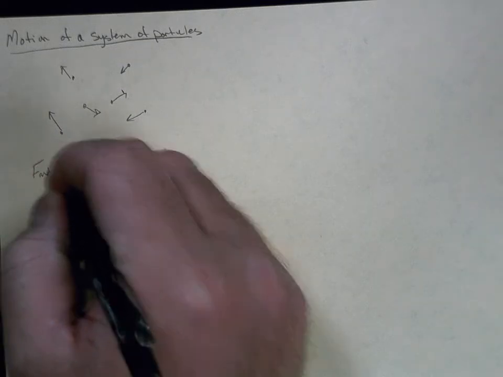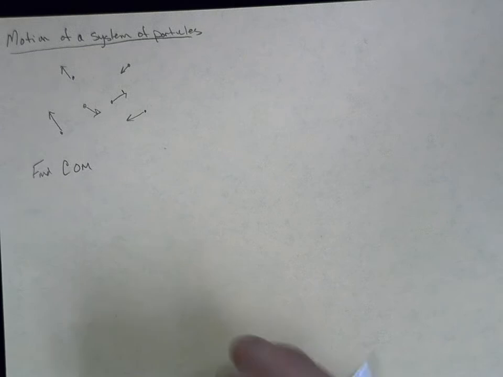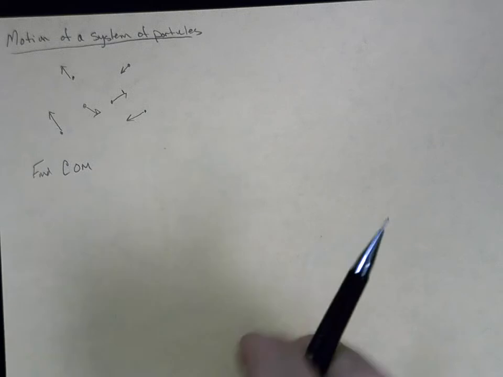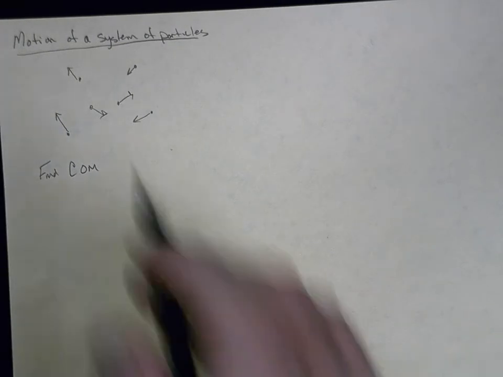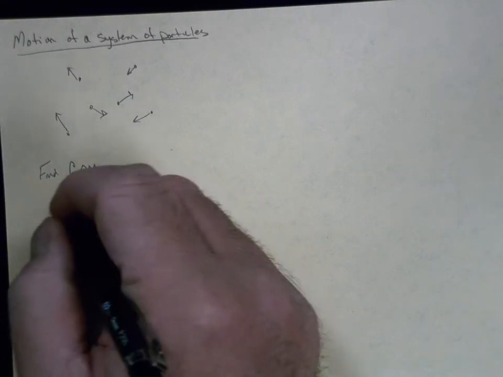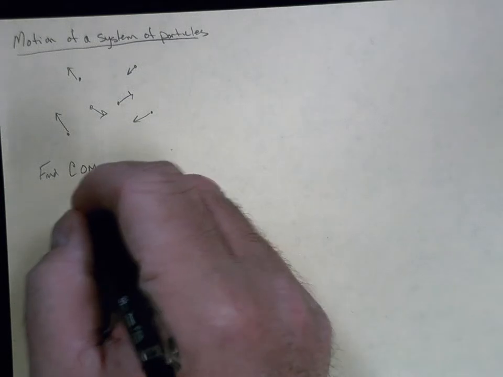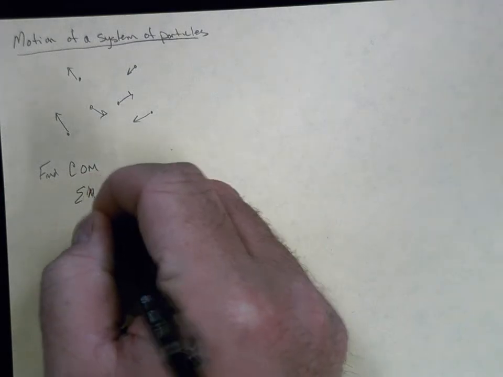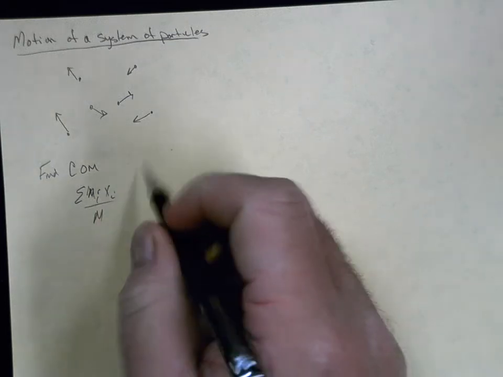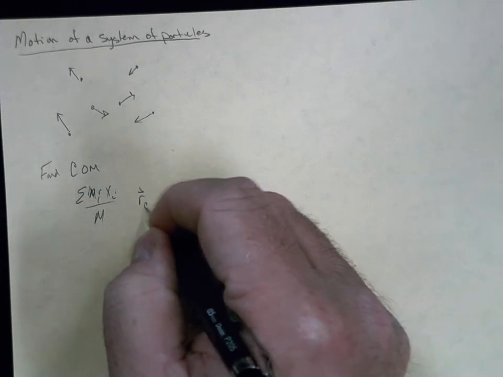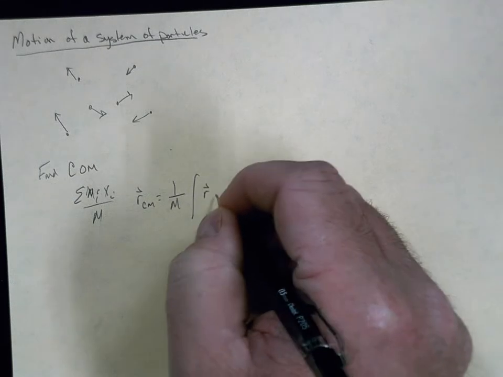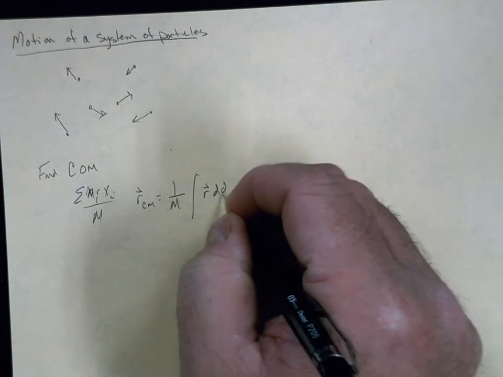Just as if all these particles were differentials of a continuous piece of material, the center of mass is the average, so it's the sum of m_i x_i over total mass, but then we convert that into our position of center of mass, which is going to equal 1 over the total mass times the integral of r dm.